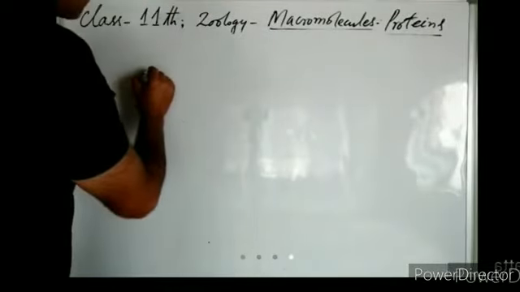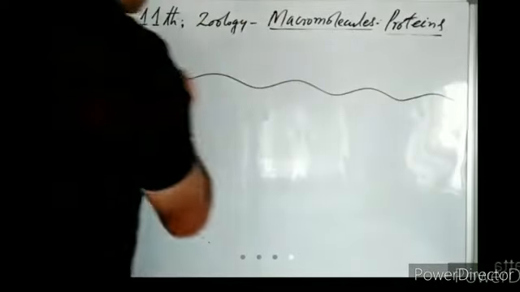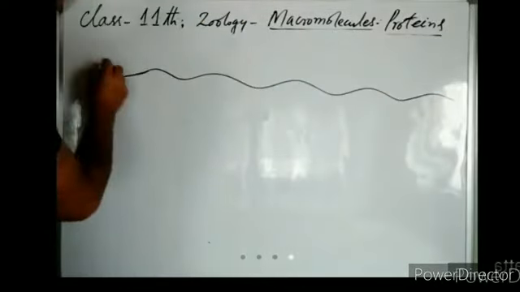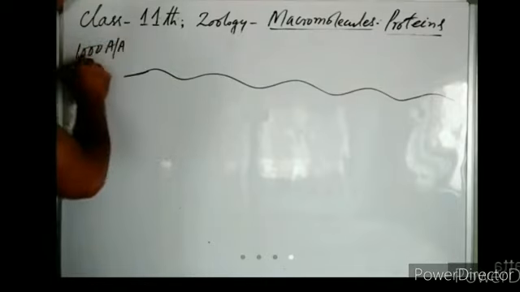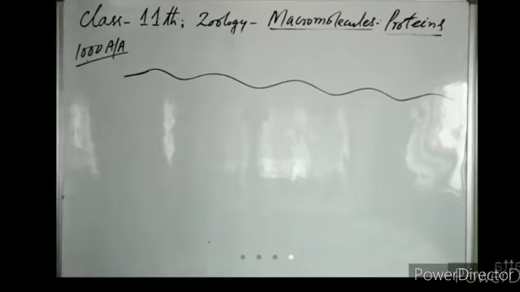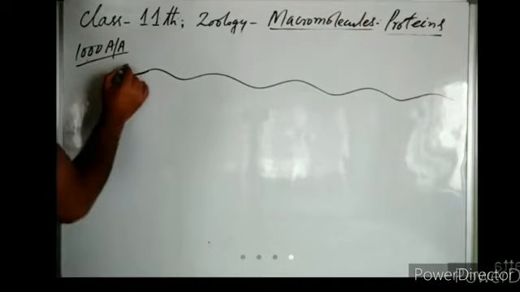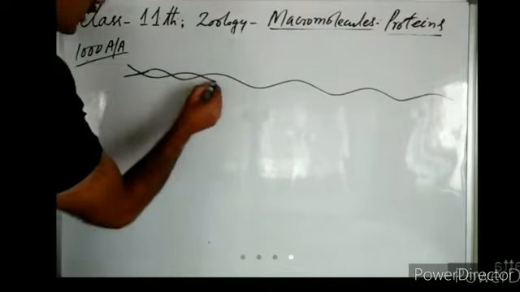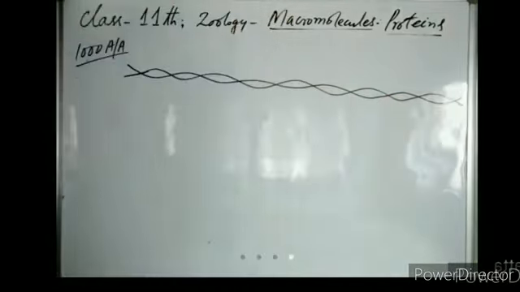So first, amino acids join. How many amino acids join? Some 1,000 amino acids. They may join and form one polypeptide chain. Similarly, another polypeptide chain of some 1,000 amino acids joins with it. So two polypeptide chains join.